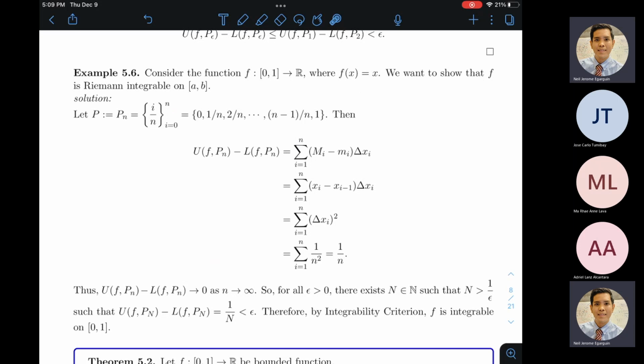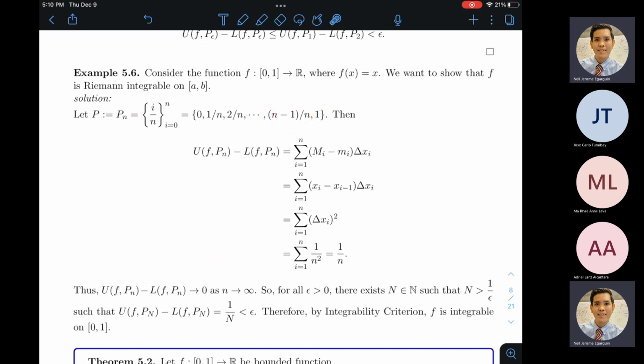So i-consider natin yung partition inducer P to be this partition inducer, P sub n, comprising of i over n, i going from 0 until n. So ang itsura nitong partition inducer P sub n ay 0, 1 over n, 2 over n, and so on until n minus 1 over n hanggang kay 1.